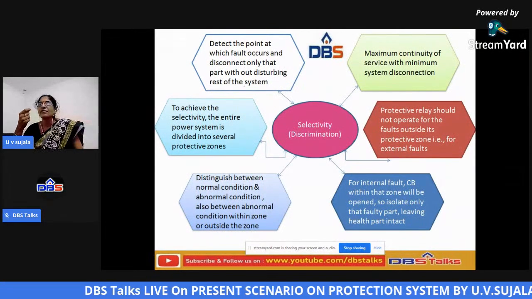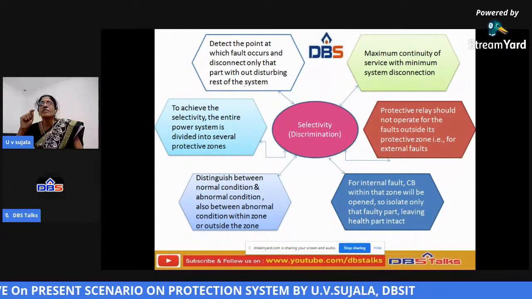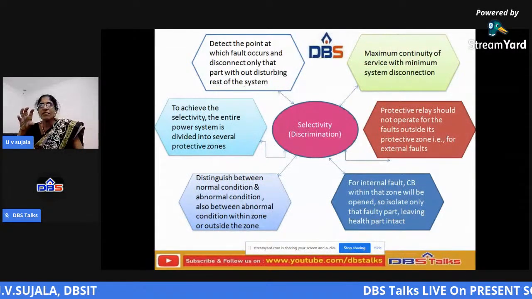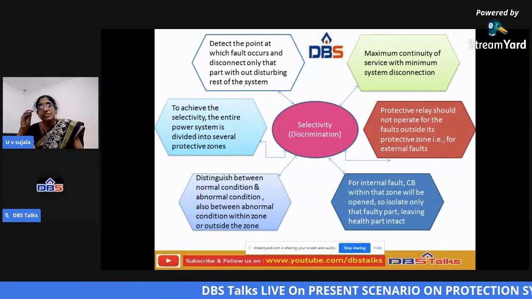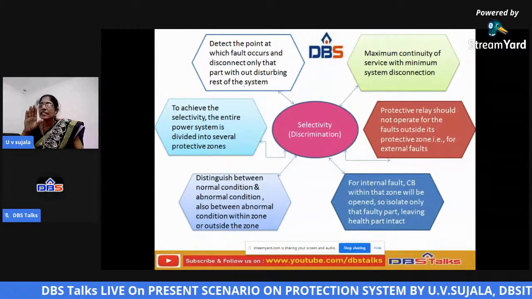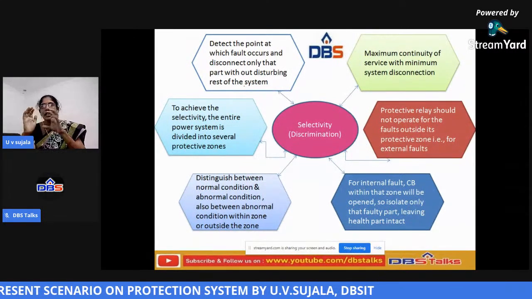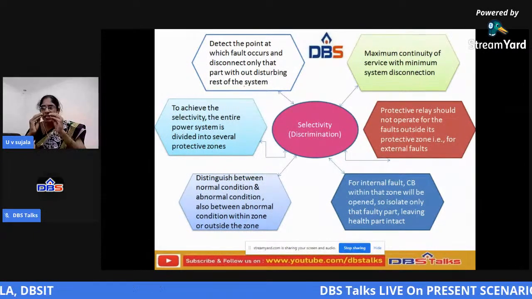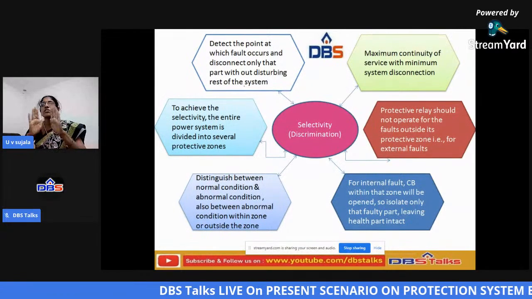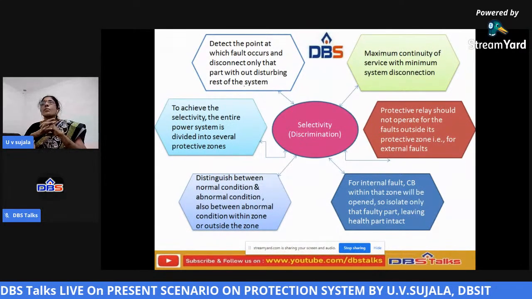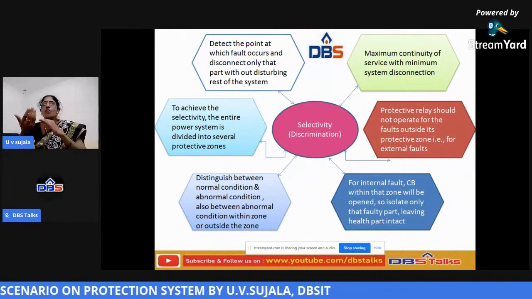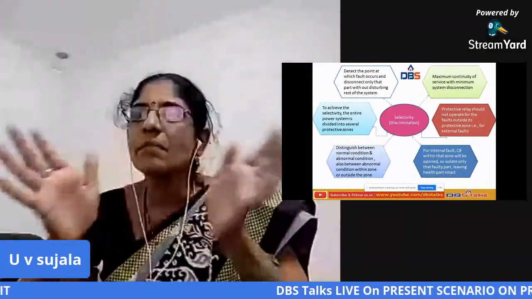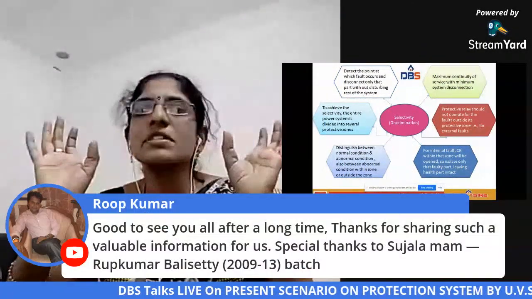If a fault occurs at the generator, that zone will be protected, removing that point only, and the continuity of the supply will be good. Then we open, repair, and restart. Next, the protection relay should not operate for faults outside the protection zone. That means it does not operate for external faults, giving maximum continuity of supply and minimum system disturbance.